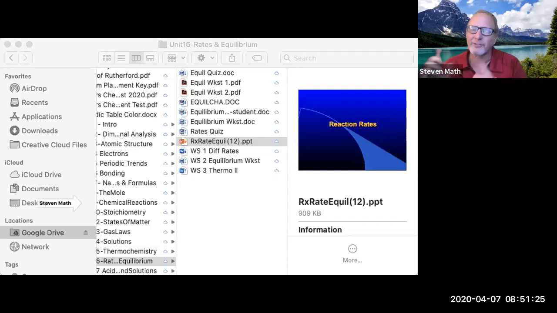We have particle size. How come particle size affects things? Well, the smaller the particles, the more collisions there could possibly be. Big particles are going to collide, sure, but they're going to bounce off. They're not going to have sufficient energy. They're not going to have the activation energy that we need. So we need smaller particles to make them go faster, and the way we do that is we grind things up.